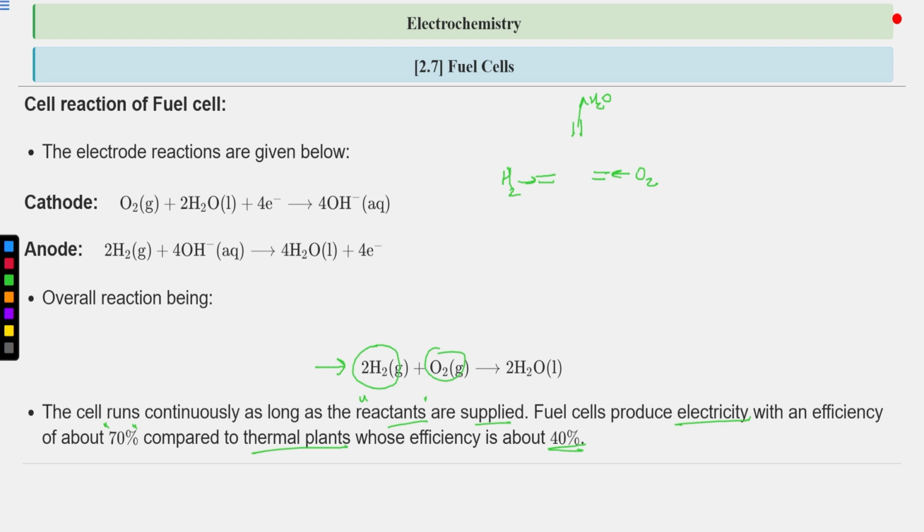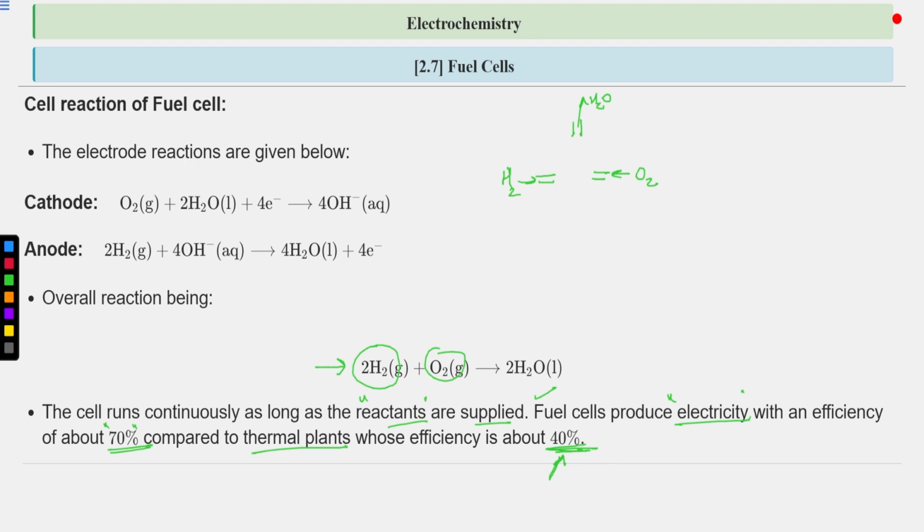Also, we generate a lot of waste and pollution during the production of electricity through thermal plants. So we suggest that we should always consider the fuel cell for the production of electricity, because it can have many uses.